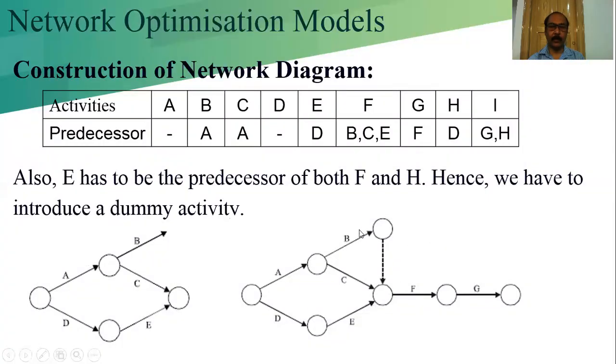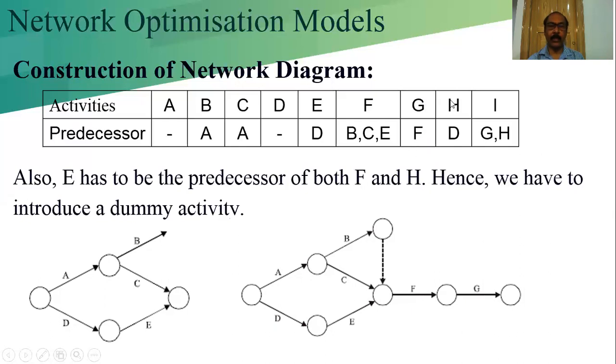So this part is over. Now, F is complete. Now, G is the activity whose predecessor is F. So, this is the G. This is the predecessor F. So, up to that, it is complete.